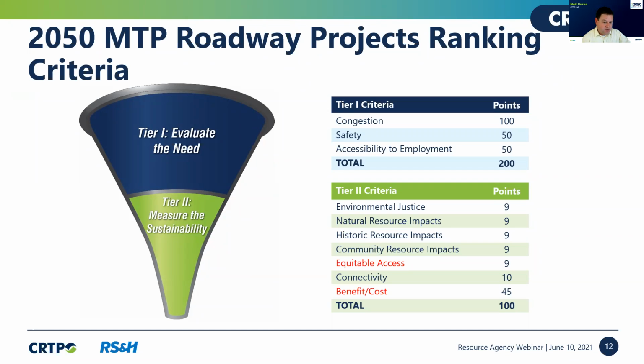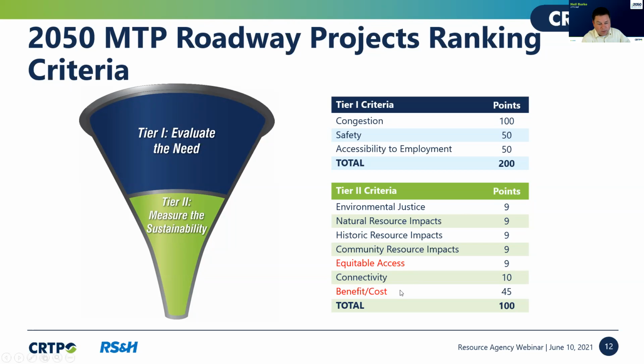And again, Tier 2 criteria, we're measuring the sustainability. This is really where we utilize the Roadway Project Ranking Committee, a subcommittee of staff from around the region, to help us with some of the more qualitative measures, like the environmental justice impacts, natural resources, historic resources, etc. The two measures within Tier 2 that are labeled red are more quantitative.